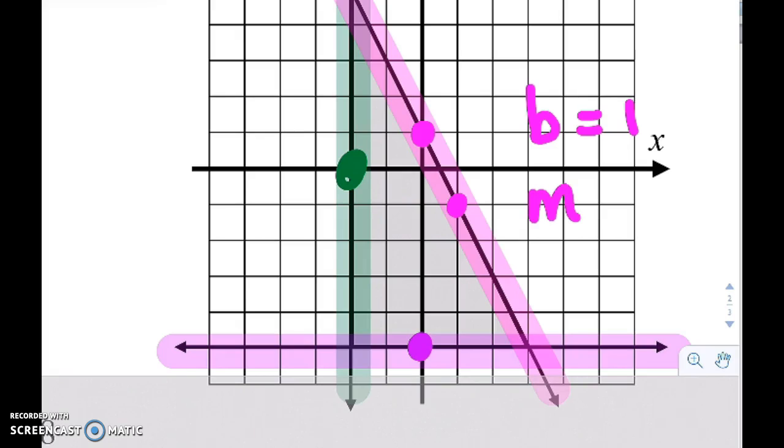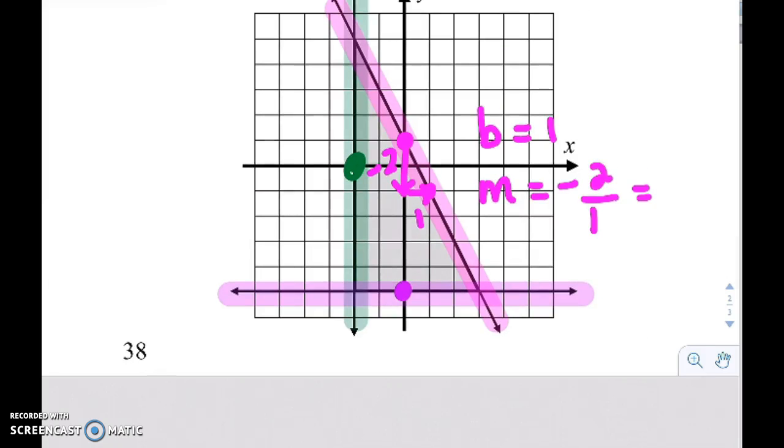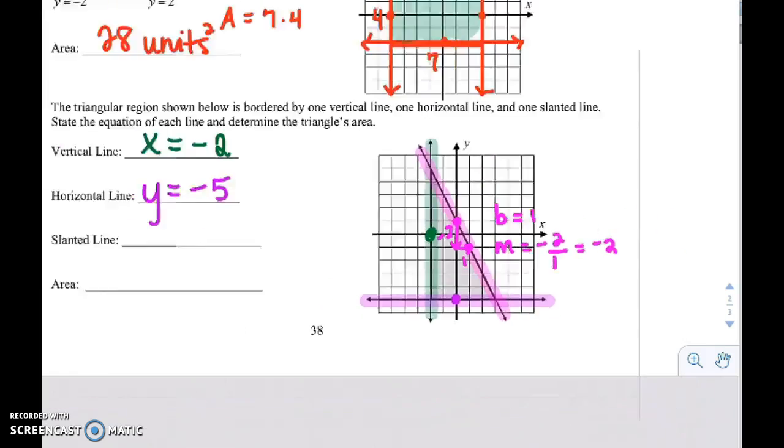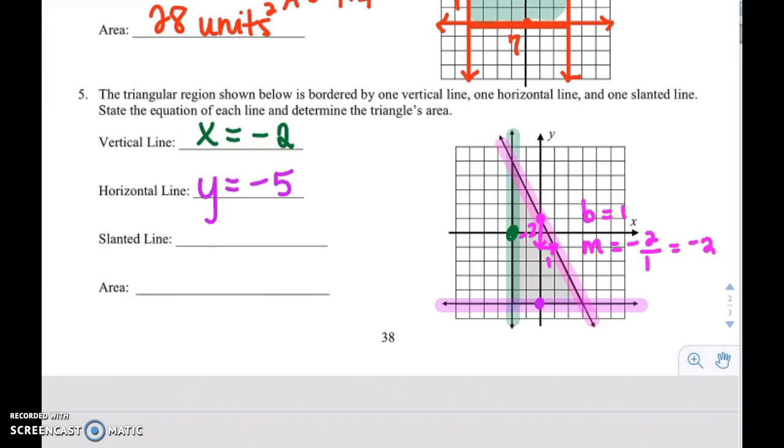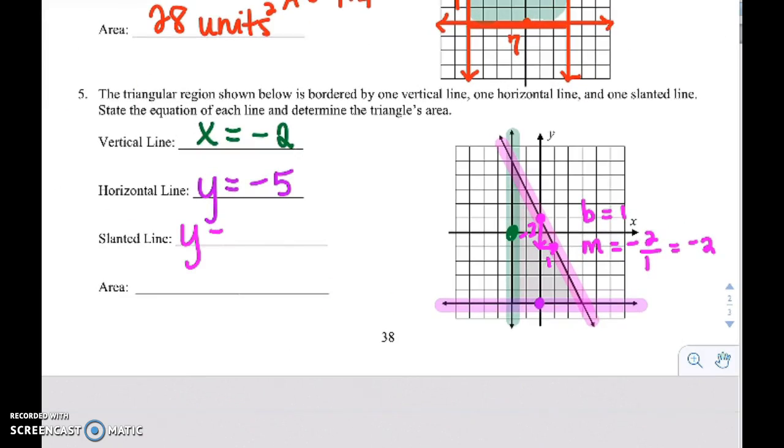And so if I go from my y-intercept to the point I just put on my line, I have to go down 2, which is a negative direction, and then to the right 1, which is a positive direction. So our slope is -2 over 1, or just -2. And then we write our equation, y equals mx plus b, y equals -2x plus 1.